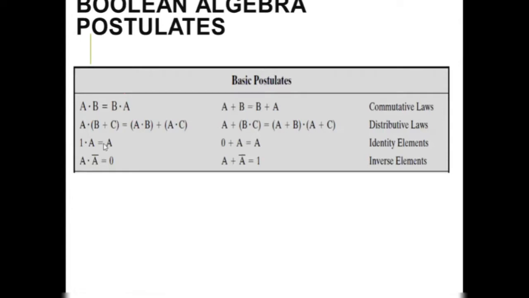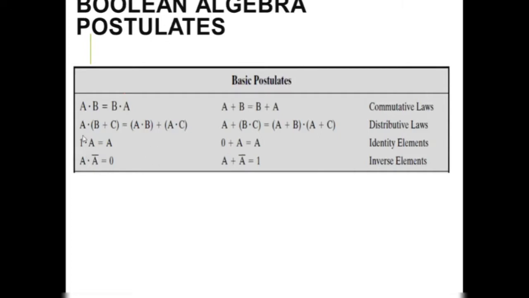And the identity elements, 1 and A, it means again A. 0 or A, it's A. Okay. Those are called identity elements.